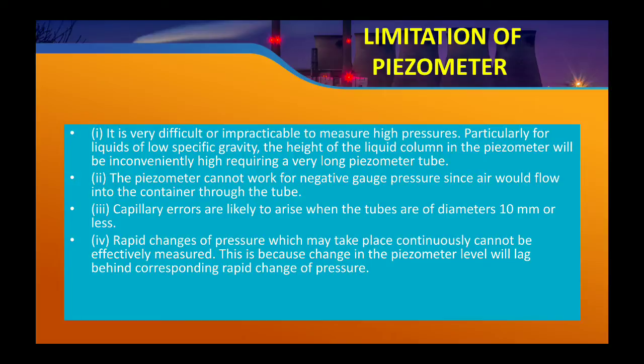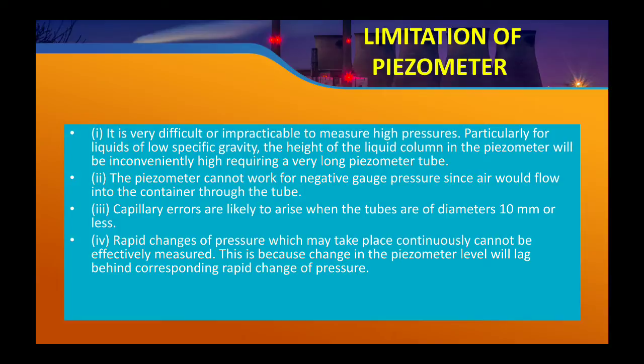Rapid changes of pressure, which may take place continuously, cannot be effectively measured, because the change in the piezometer level will lag behind the corresponding rapid change of pressure. So these are all the limitations of the piezometer.